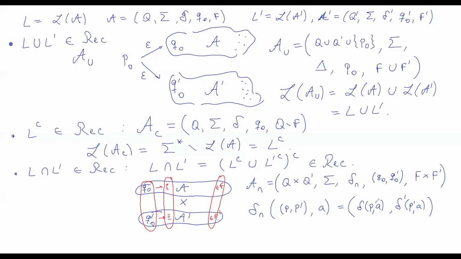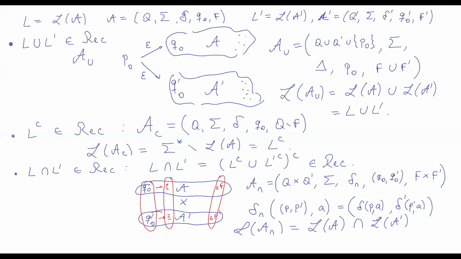And really, it's now easy to see just based on this argument that you do two computations in parallel, and you've got to end in a final state both in the first automaton and in the second automaton. It's easy to use this argument to conclude that the language of this automaton that I just built is exactly the language of the first automaton intersected with the language of A prime.